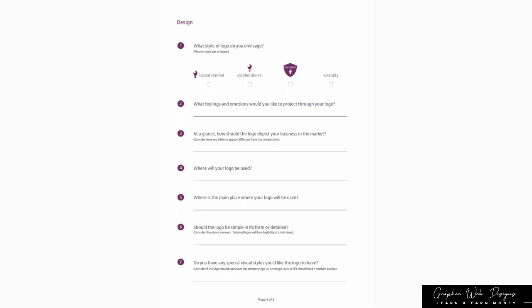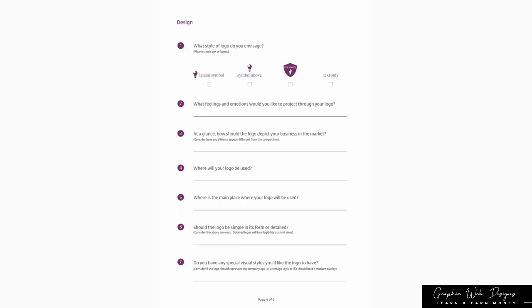We can, for example, feature a triangular shape pointing upwards to depict stability, power and union, or flowing rounded shapes to evoke a sense of calm and assurance. Question 3 asks, at a glance, how should the logo depict your business in the market?